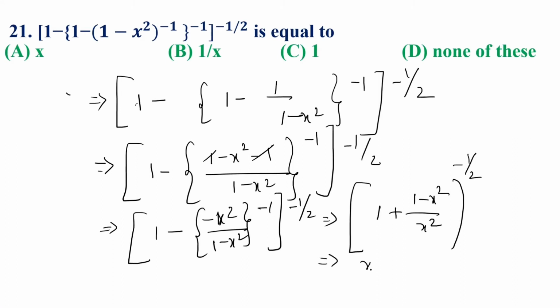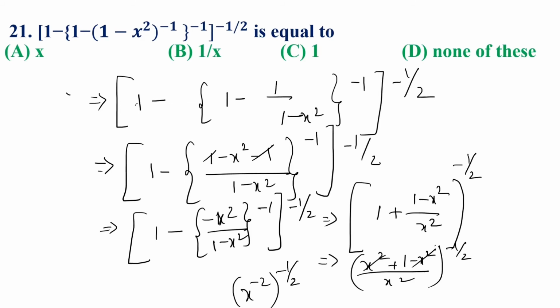Here it will be x square plus 1 minus x square by x square. LCM is x square. So minus 1 by 2. So this will become x to the power of minus 2 whole to the power of minus 1 by 2. 2 will be cancelled, minus into minus plus. So x is the answer. So option A.